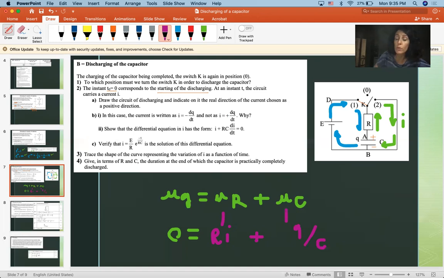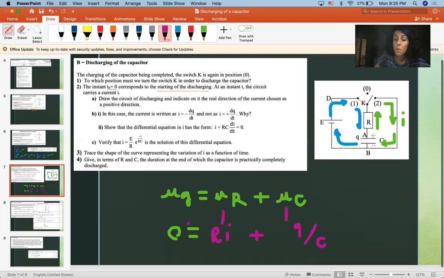If I do the derivative on both sides, for the whole thing, I'm going to get 0 equal to R di over dt, I think I'm very close to the answer, plus 1 over C dq over dt.